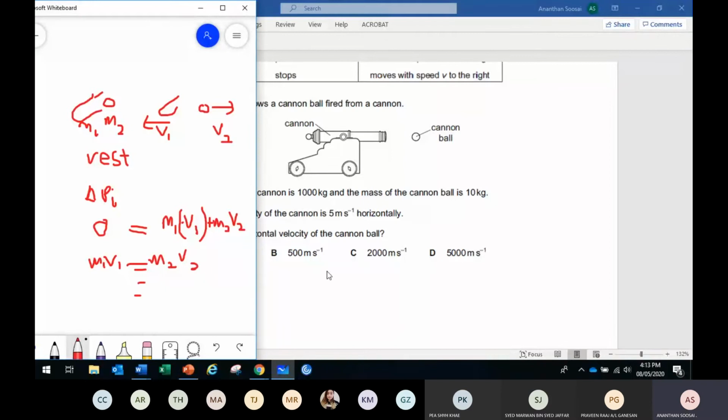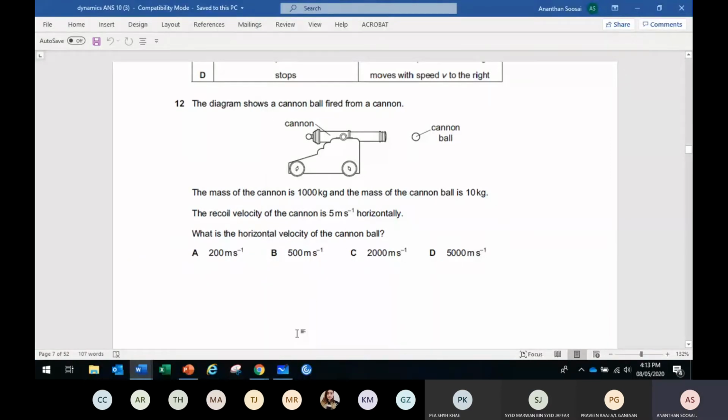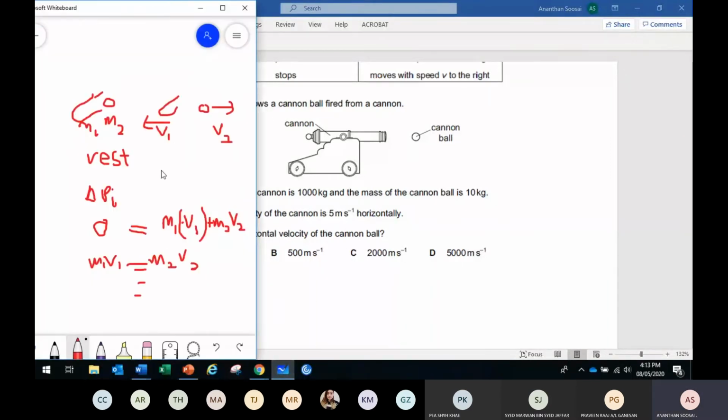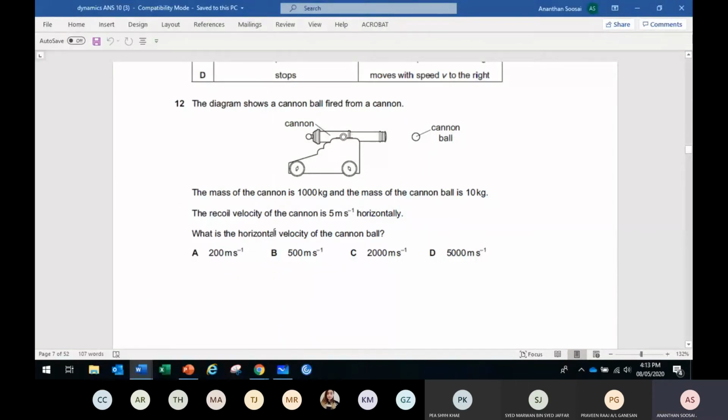So which velocity are you looking for? What is the horizontal velocity of the cannonball? So looking for V1. We're looking for V1. Oh, sorry, the cannon recoil is 5.